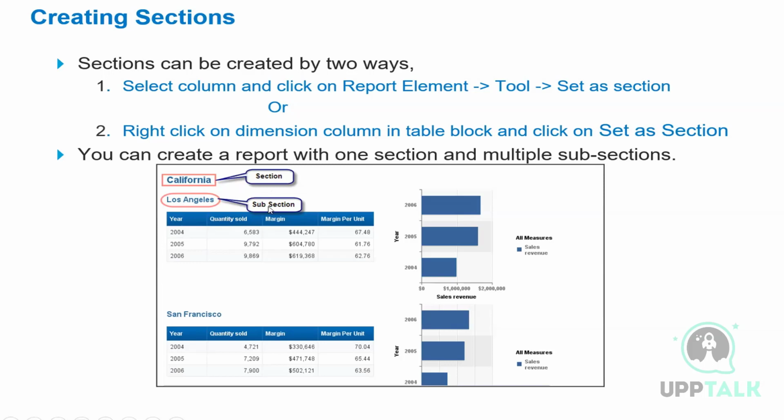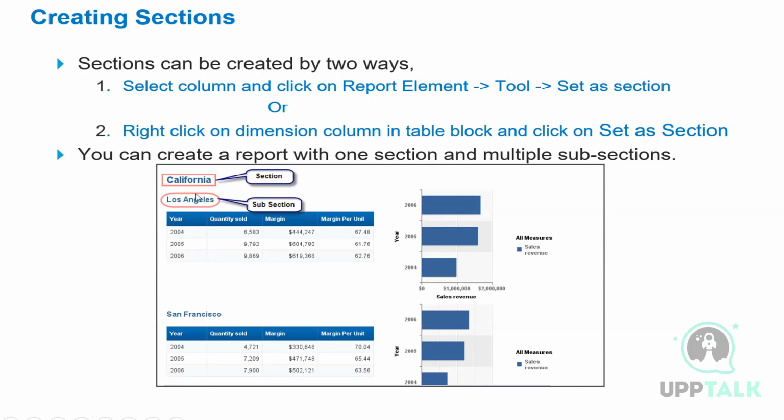Here we also have a subsection. Here state and city are created as sections, so California is a section, and under that the subsection is Los Angeles. So for California, we have more cities like Los Angeles, San Francisco. Under country, maybe these are states, so these are like subsections.